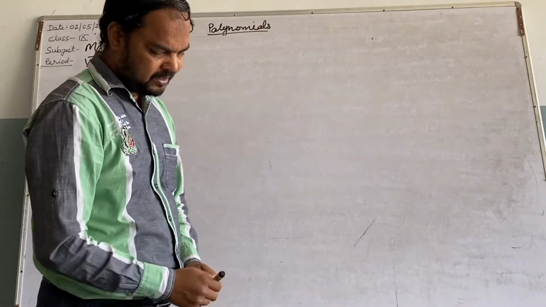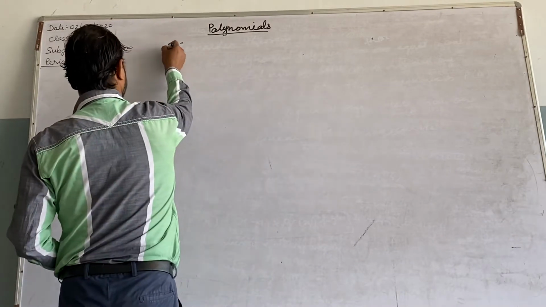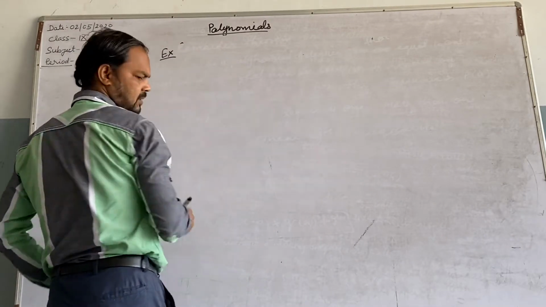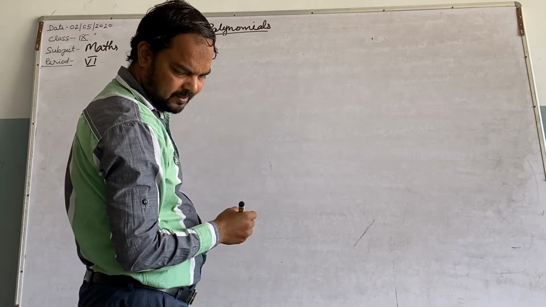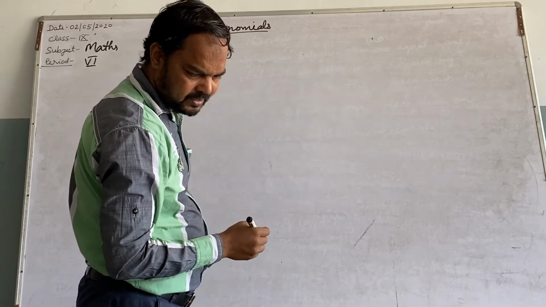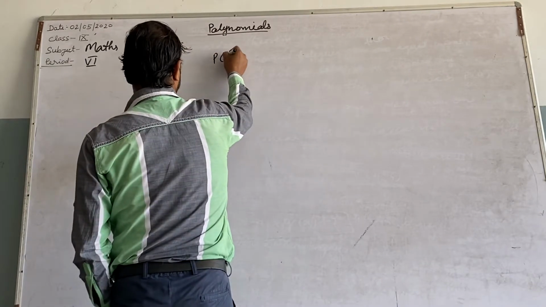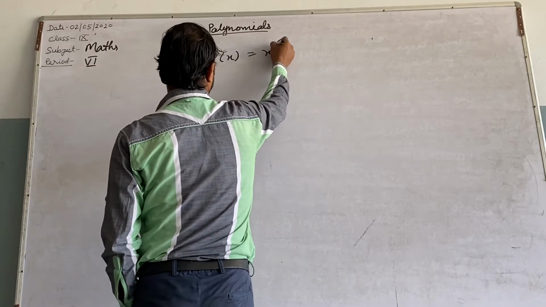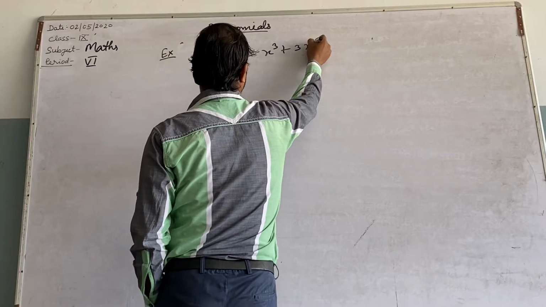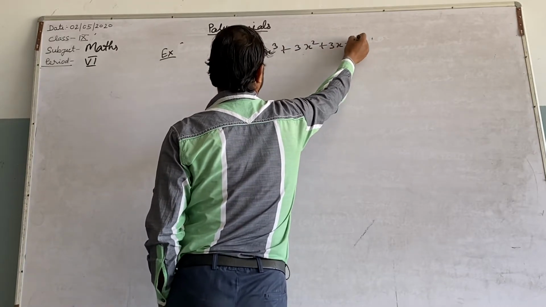Here is a polynomial: P(x) equals x cube plus 3x square plus 3x plus 1.